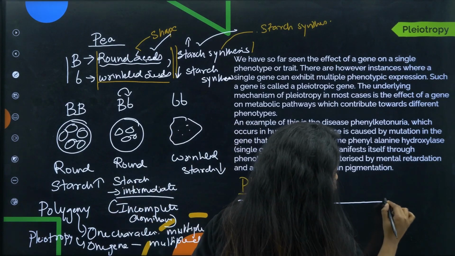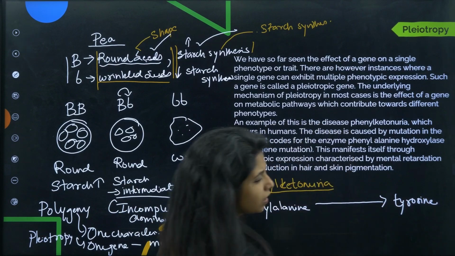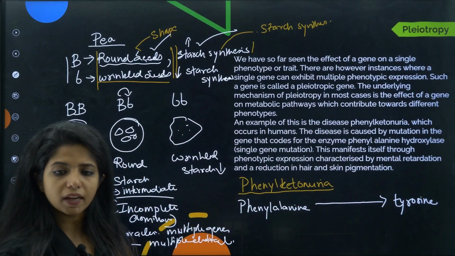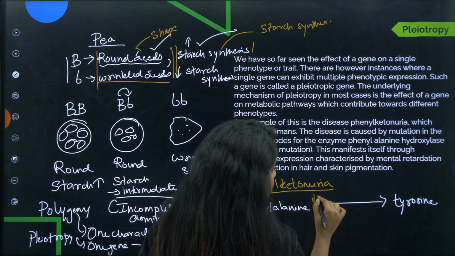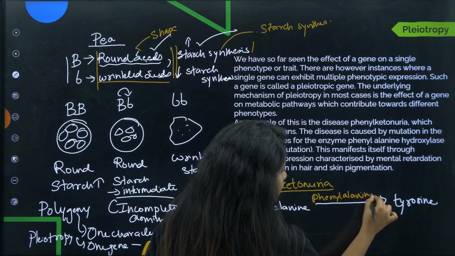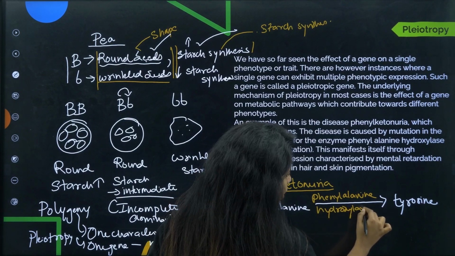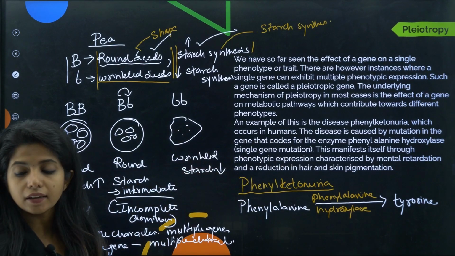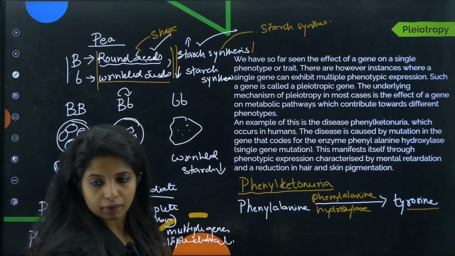This phenylalanine is usually converted to another amino acid known as tyrosine, and this happens because of an enzyme known as phenylalanine hydroxylase. Its name is phenylalanine hydroxylase. And now what do you have, children? You have tyrosine.